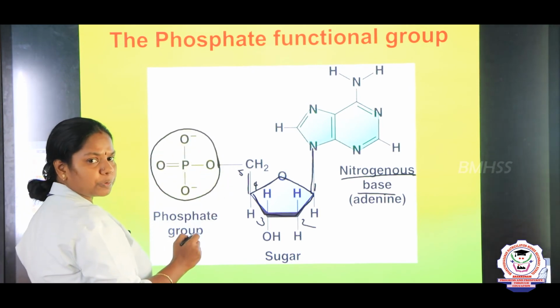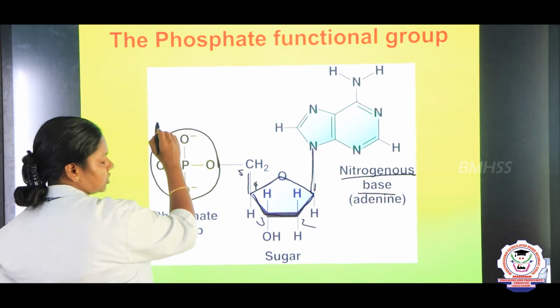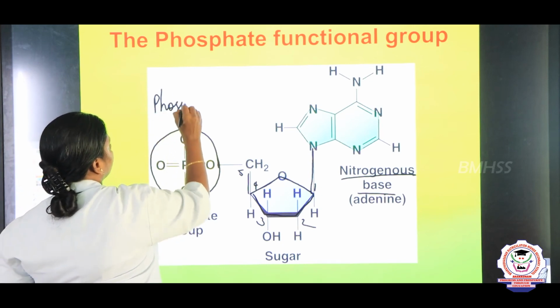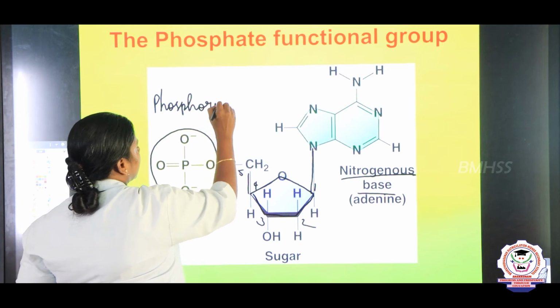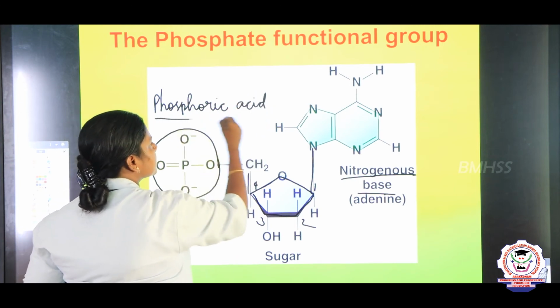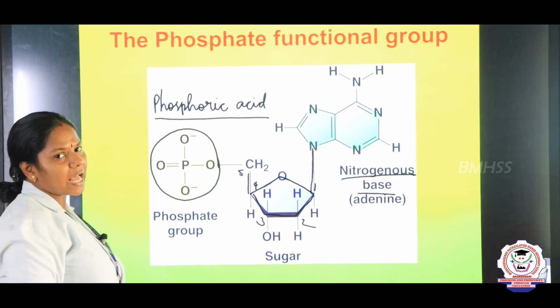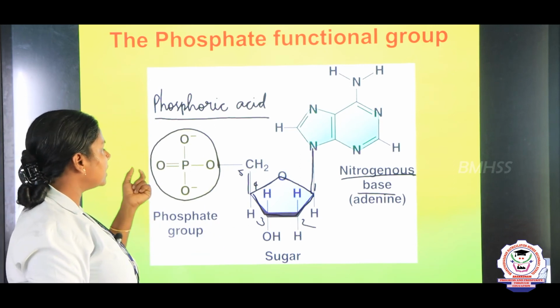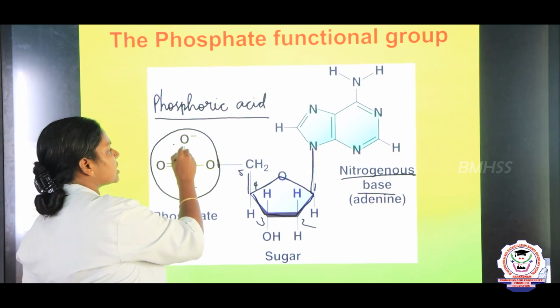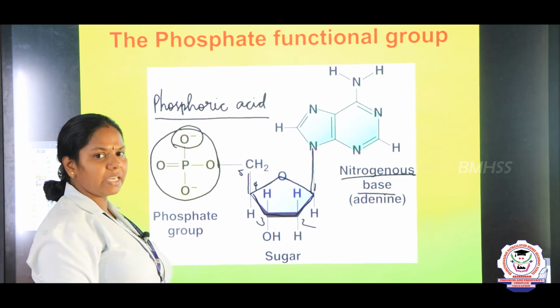This phosphate group is obtained from H3PO4, that is phosphoric acid. And this phosphoric acid gives DNA the nature of an acid, right? And in the phosphate group, we can see the oxygen atom is negatively charged.